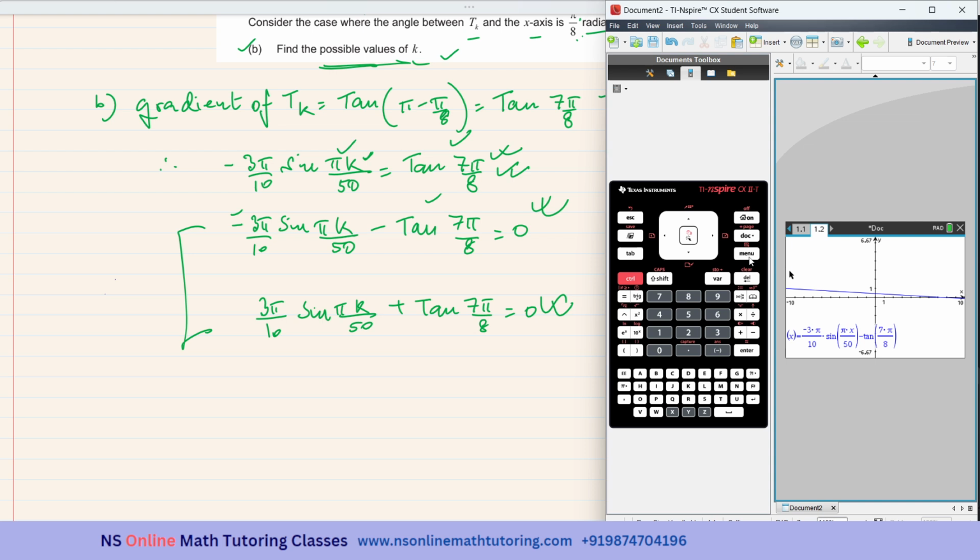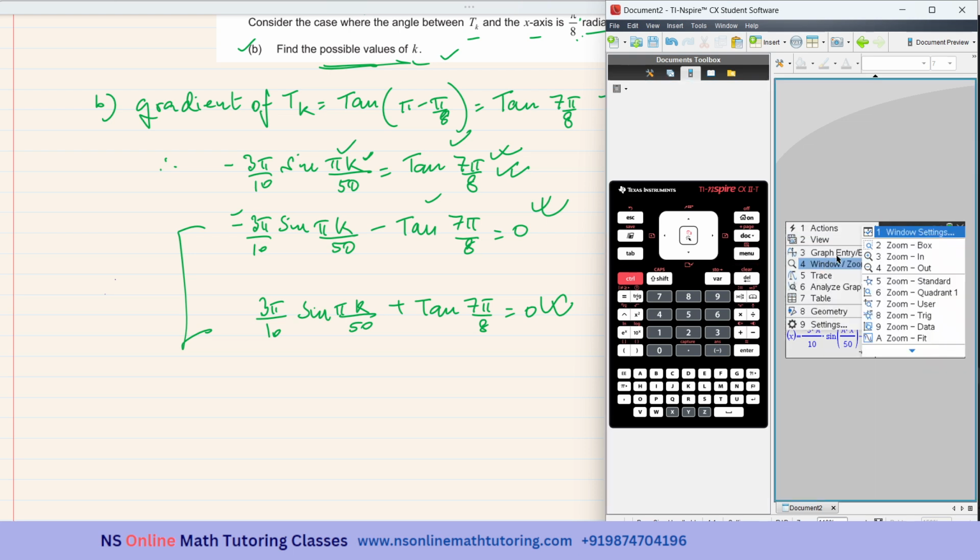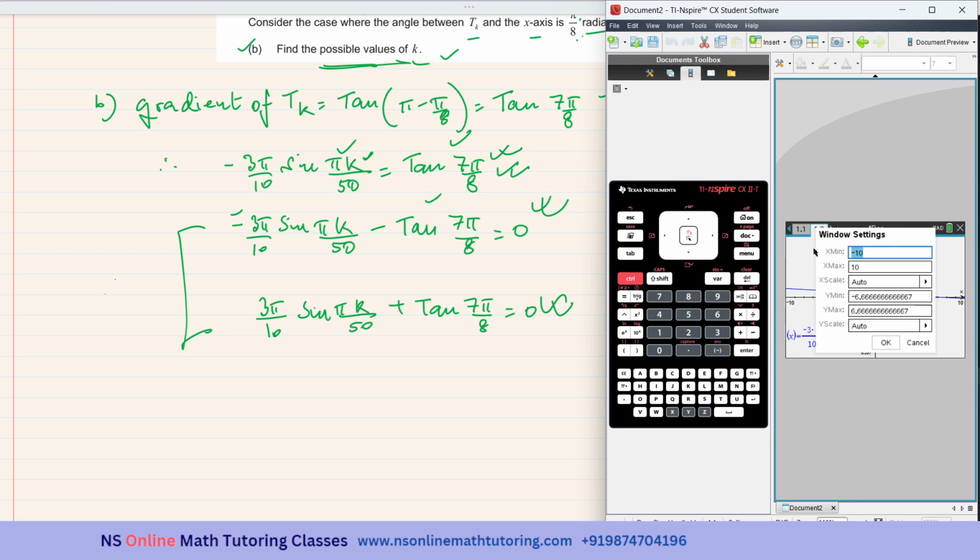But we have to change the window settings because x values are between 0 and 50. And y values, I'm seeing I can take the y values between -2 to +2. Okay, so window settings, x min I can keep as -1 just to see the y axis, x max 51, y min -2, and y max +2.